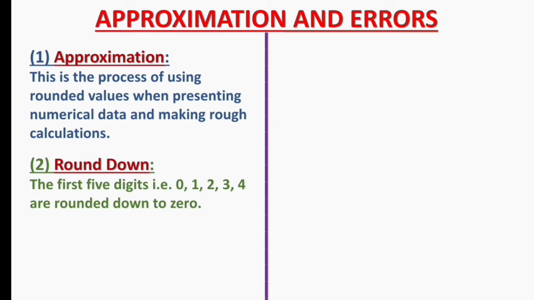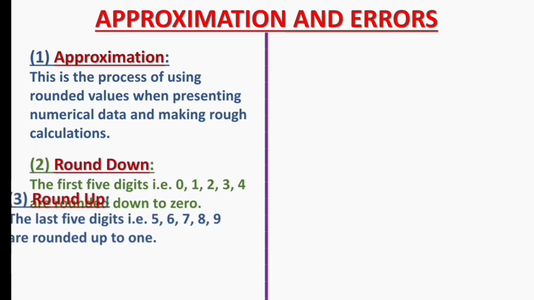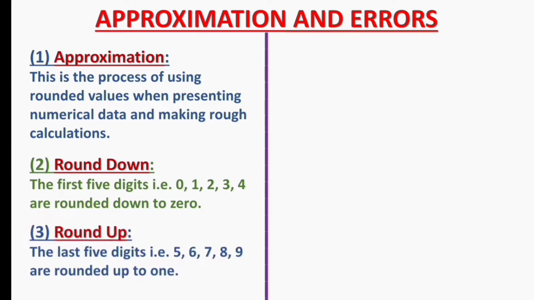Of these 10 digits, the first 5 digits, which are 0, 1, 2, 3, and 4, are rounded down to 0. These are the round down digits. The last 5 digits, which are 5, 6, 7, 8, and 9, are rounded up to 1. These are the round up digits.